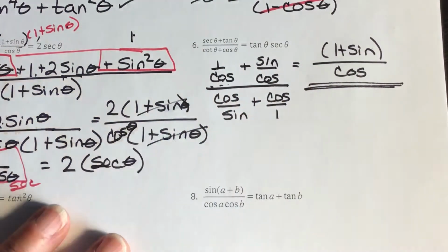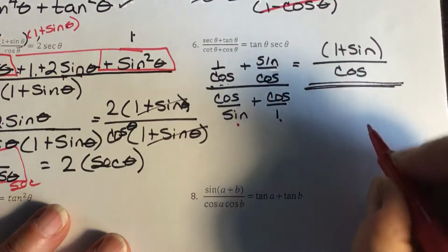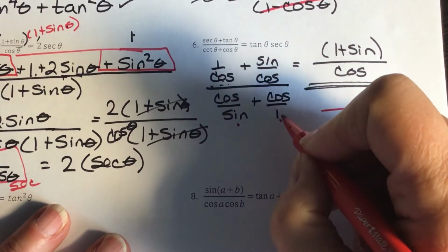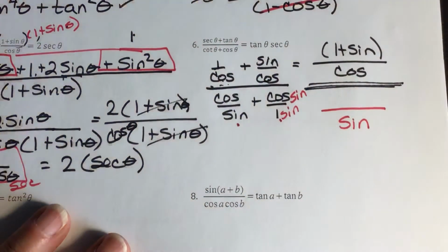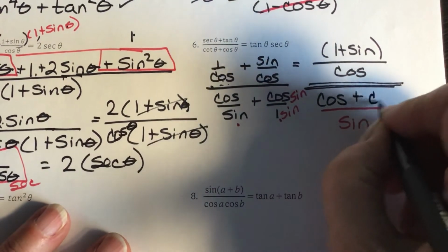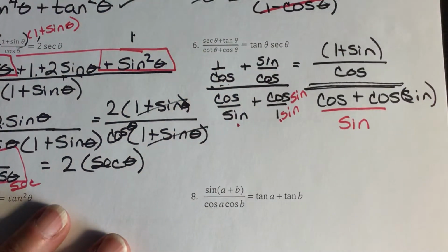Then on the bottom fraction, I have a sine and then a 1, so my common denominator would be sine, so I need to multiply by sine over sine. So this is going to be cosine plus cosine sine.